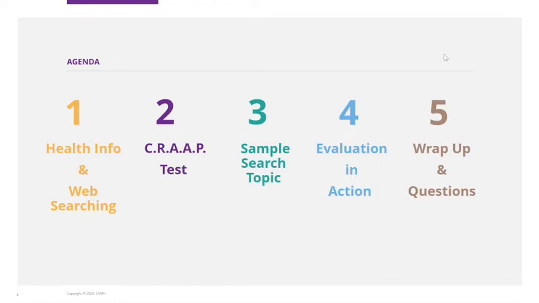It walks you through a series of steps on how to think critically about not just health information, but any information that you find online. And then we will have a really quick sample search topic, so we can evaluate a website using this criteria, the C.R.A.P.P test. And then we will have some time for wrap up and questions.